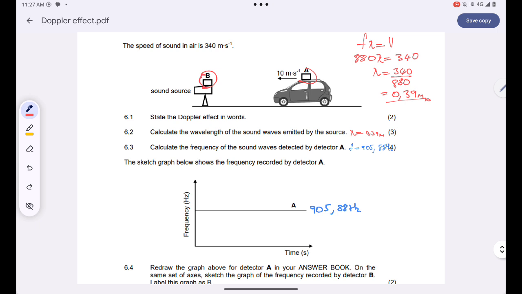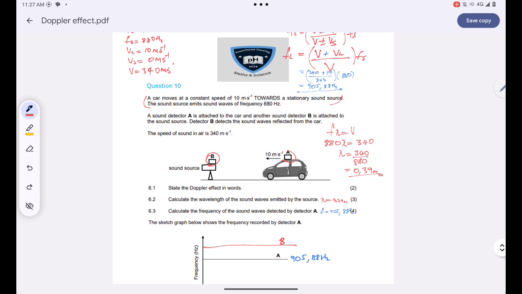Which simply means that the frequency detected by B must be greater than that of A. Why? Because A is moving towards B. So my frequency will just be like this, and then I'll just have B over there. That's the only thing I was supposed to do.